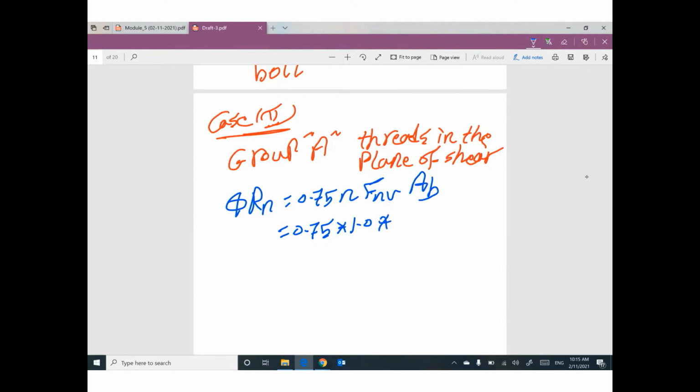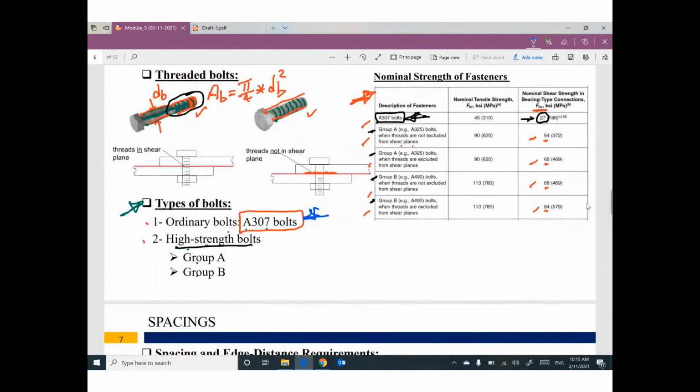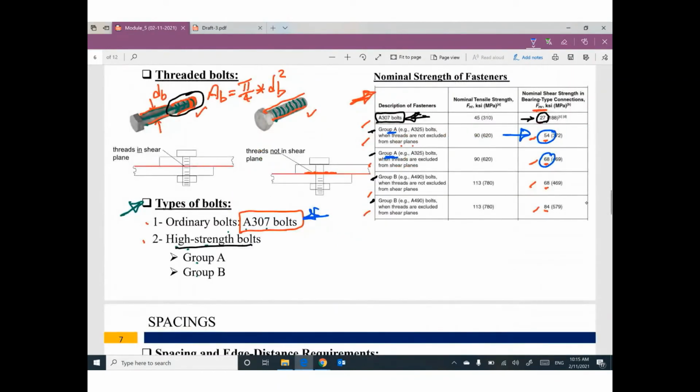For Fnv, group A, I'm probably going to use this one or this one, because we are talking about group A. But for the first one, when threads are not excluded from the shear plane, I believe you are here, because in the second one the threads are excluded. But we are here, threads in the shear plane, so it's not excluded. So your value will be 54.